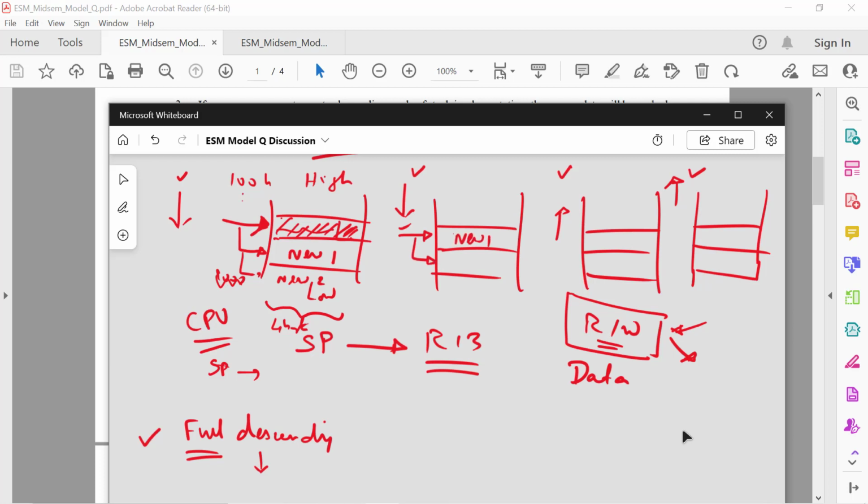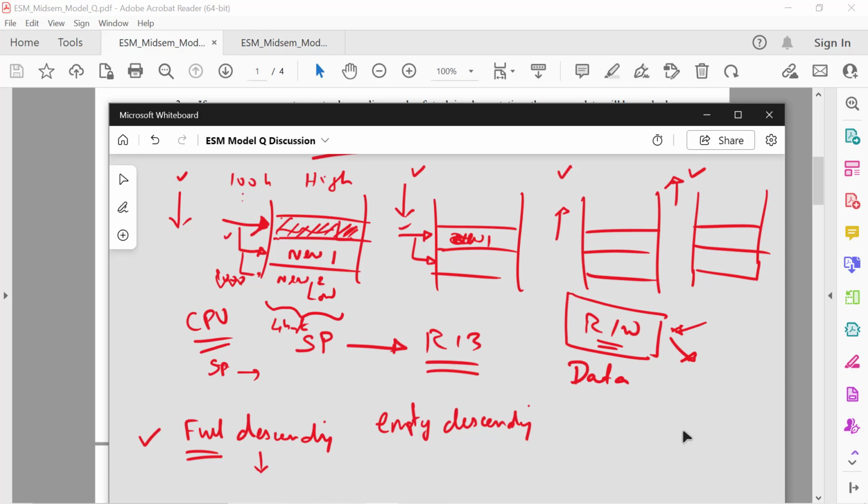So pushing the data into the stack happens first and then the decrement happens, whereas here the decrement happens first and then the push happens. So this is also a descending stack, because the stack is growing towards the lower address, but it is empty descending. That means where it is pointing is an empty location. So I will put the data here and then decrement it.